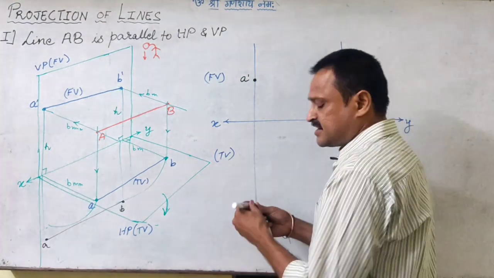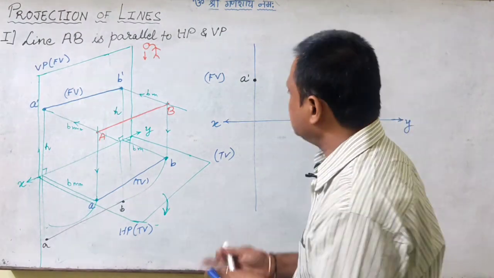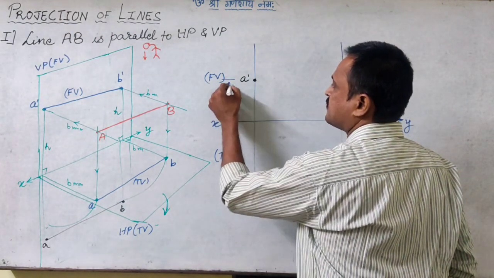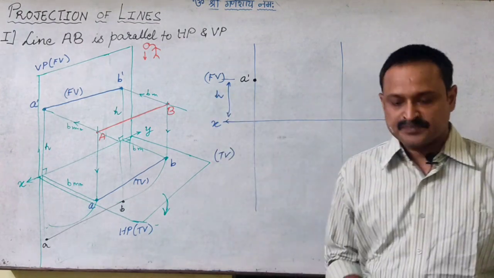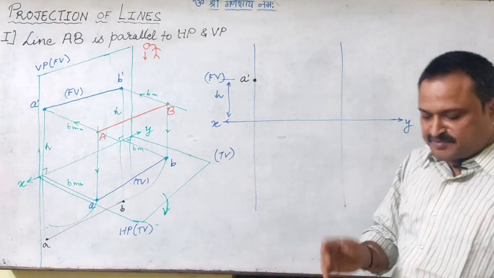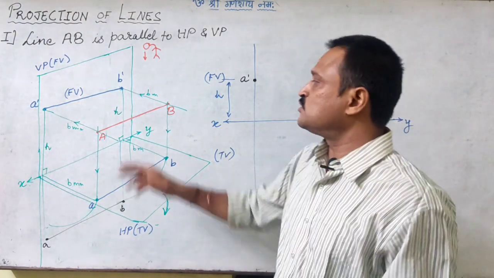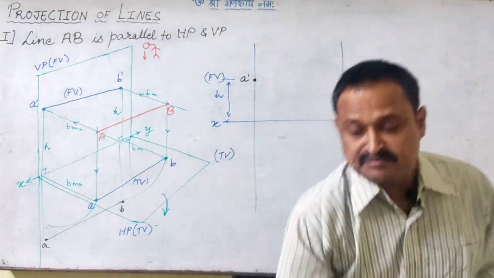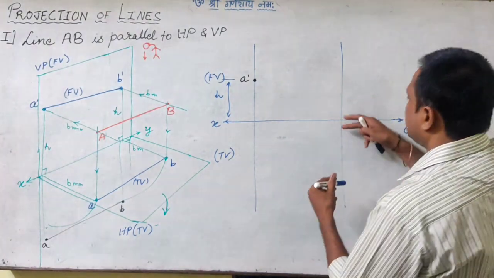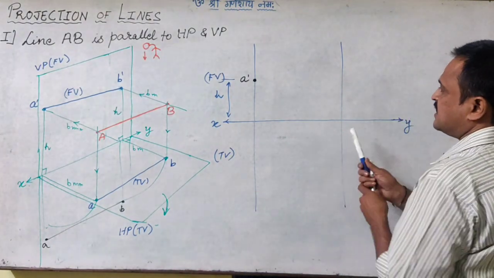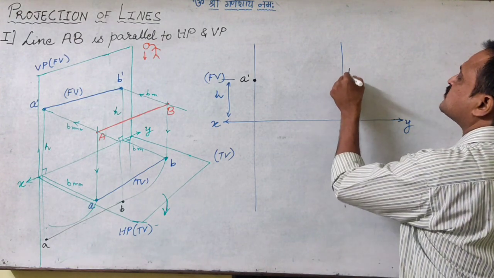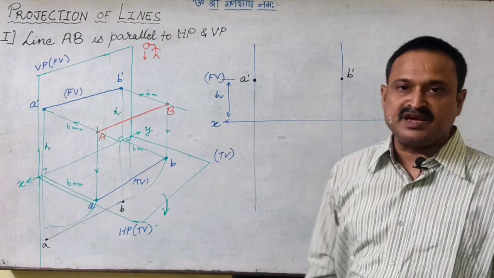Which is at height H from the XY line. Similarly, I know the projector of B, and B is also at height H because the line is parallel to HP. So again I can measure H and mark the front view image of point B as B dash.